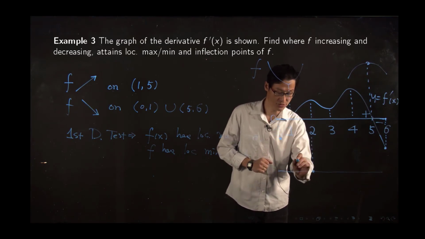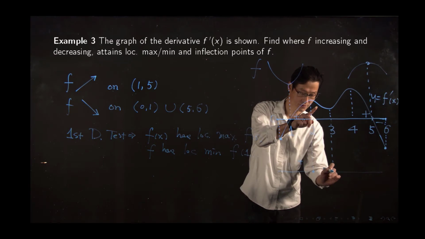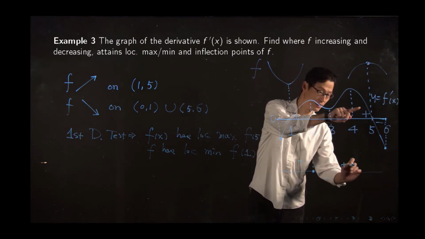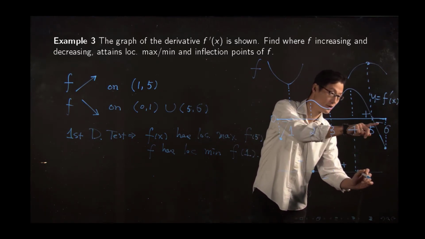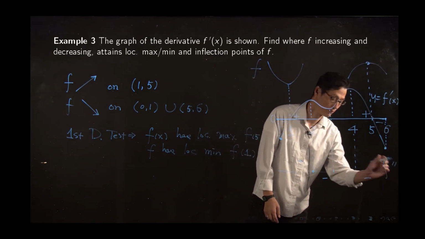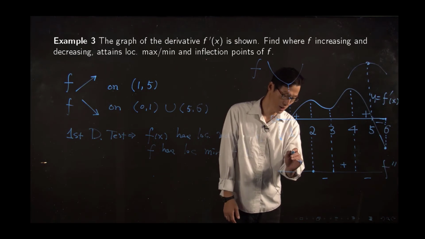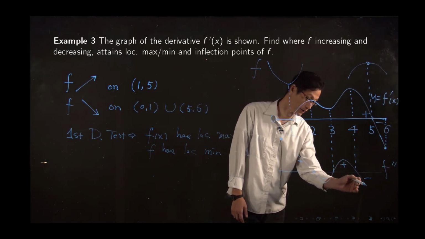So something positive and then negative, and then positive, and then negative. So that's the behavior of f double prime. So the graph of f double prime looks like this: positive, negative, positive, negative.